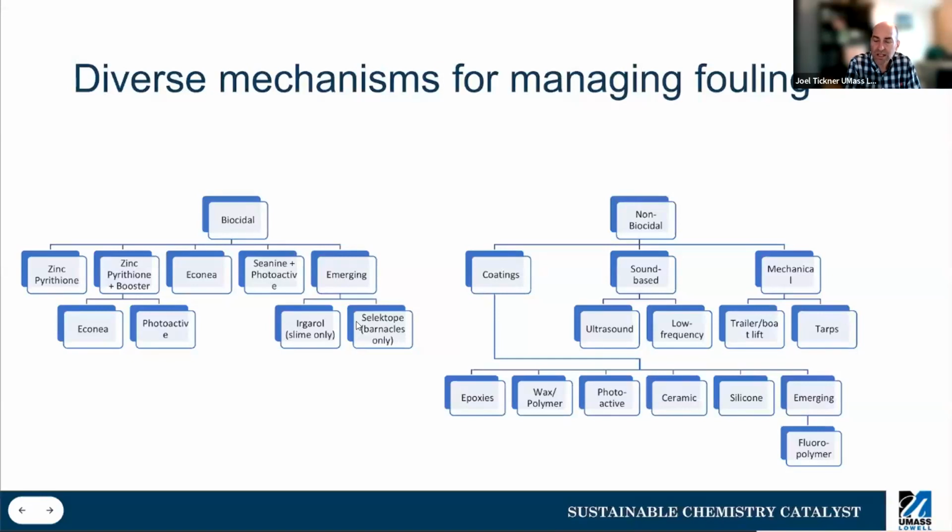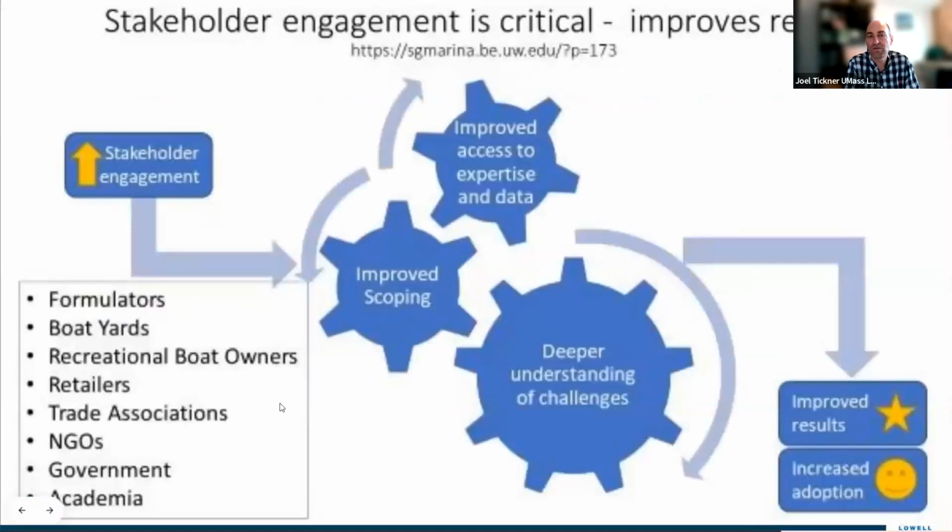And then we can look at the pros and cons of those options, whether it be a coating, a biocidal approach, or other. But important to this, and we can go to the next slide, is making sure that a broad range of stakeholders are involved in that process, because that improves results. As we're doing chemical substitution, as we're thinking about adoption, we need to have those who are impacted by that technology change as part of it.